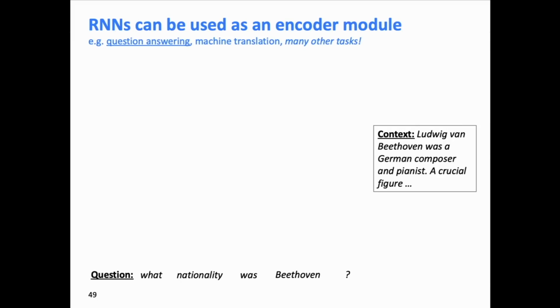So let's suppose that the task is you've got some kind of context, which in this situation is the Wikipedia article on Beethoven, and then you have a question which is asking what nationality was Beethoven. This is actually taken from the SQuAD challenge, which is the subject of the default final project.